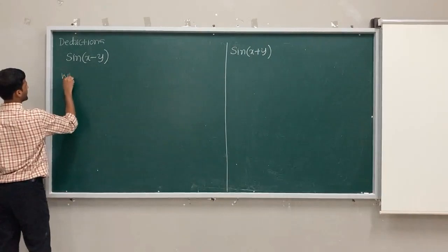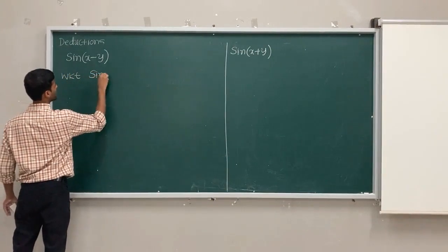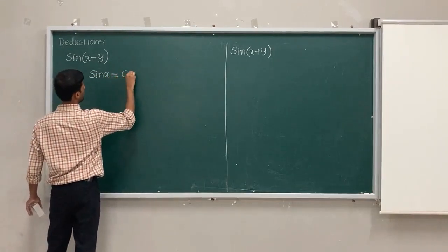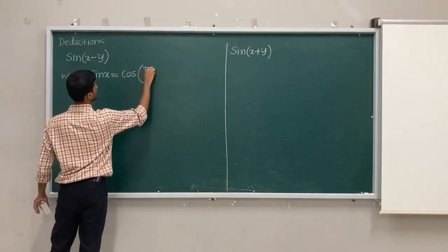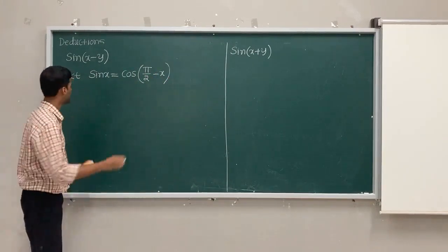We know that sine x is equal to cos of 90 minus x. Just now we did this.